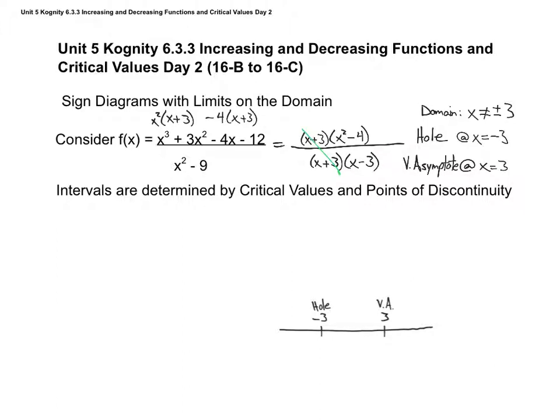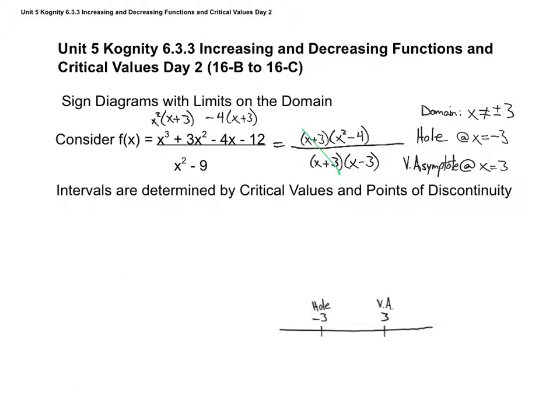What I don't want to do is put them on there and then accidentally call one of them a plateau point, because it's not even a point. It's a discontinuity. So I'm making my sign diagram, starting by putting anything that is not in the domain on there as something that could impact the shape.